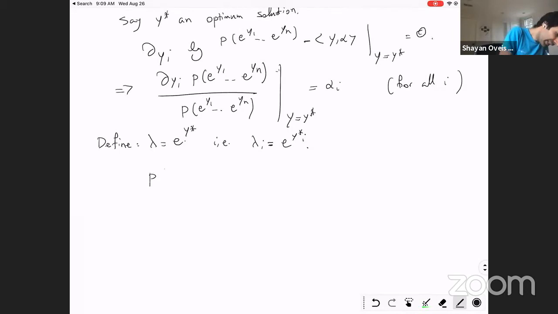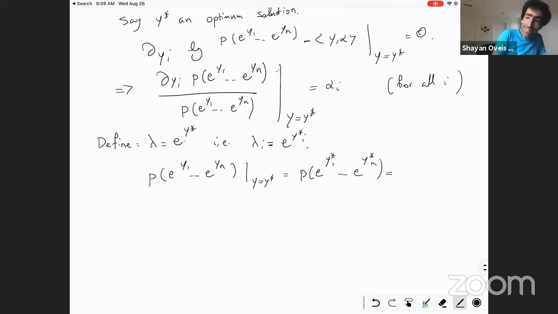If I look at p of e to the y1 all the way to e to the yn evaluated at y equal y star, which is nothing but p of e to the y star 1 all the way to e to the y star n, I'm saying this is exactly the same as p of lambda 1 z1 all the way to lambda n zn when we evaluate it at z equal 1.